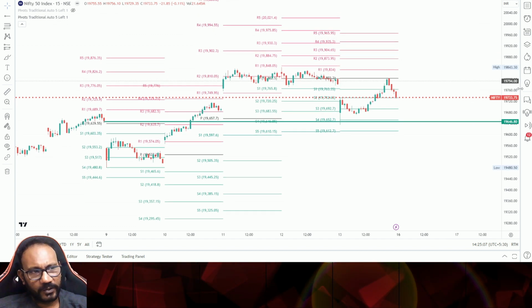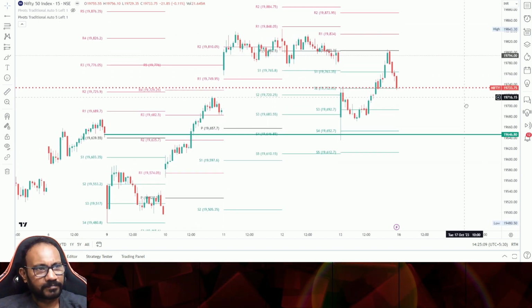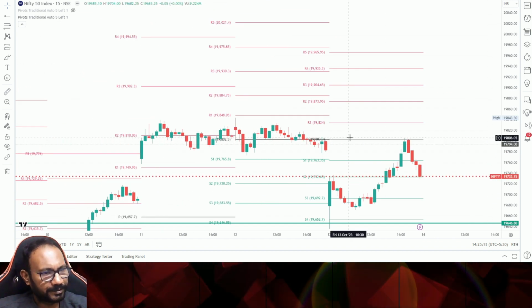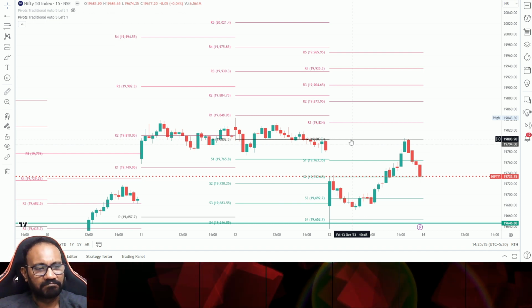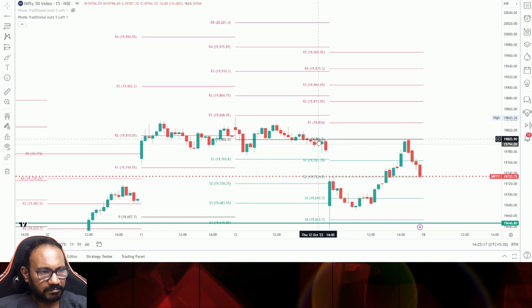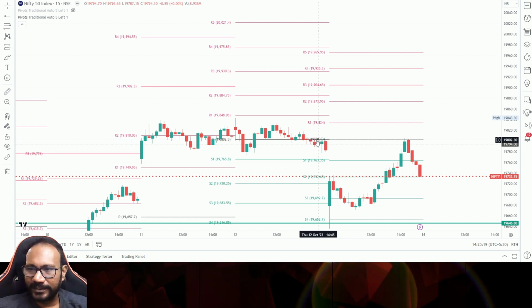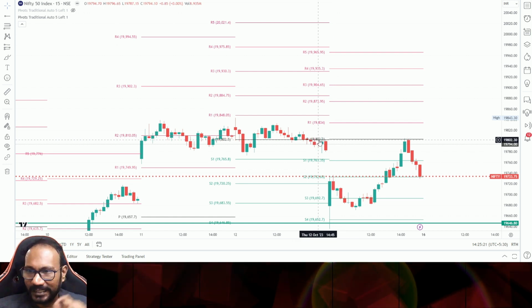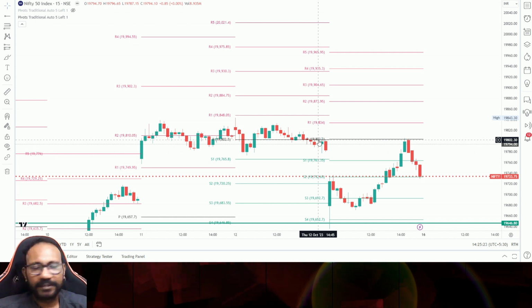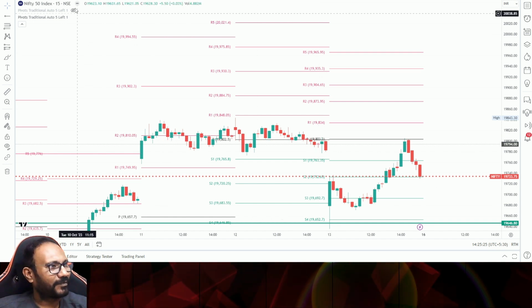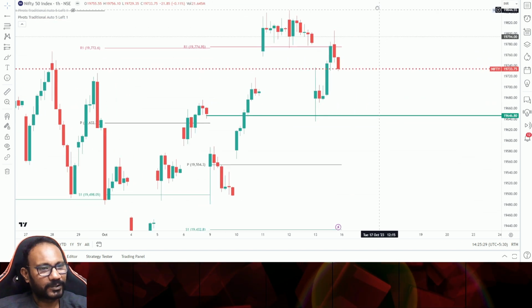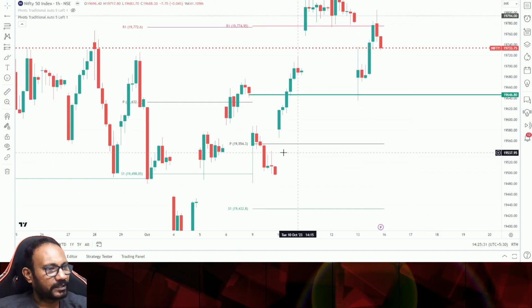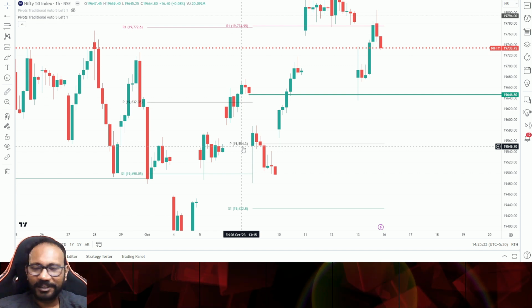Now, what you have to really observe is this pivot. This is 13th Friday. Pivot was at 19,803. Watch this. Pivot is at 19,803 in the 15 minutes time frame. But when I choose the 1 hour time frame, look where the pivot is now. Pivot is at 19,554, right?